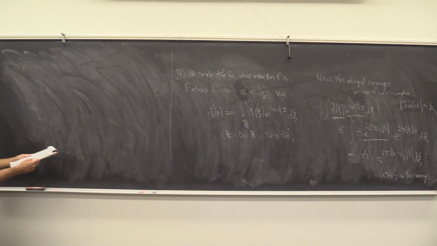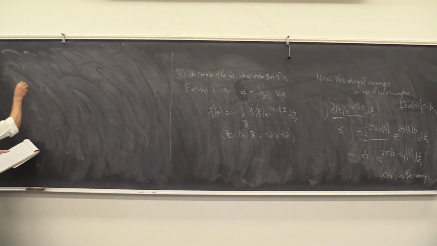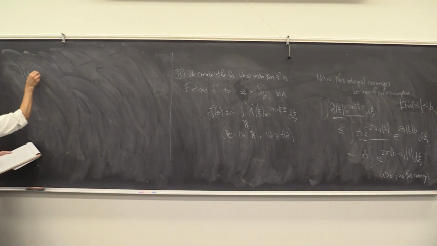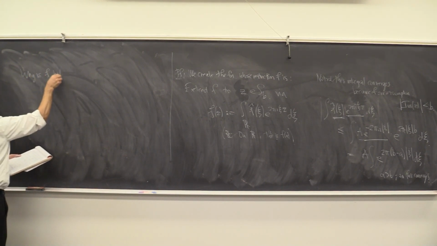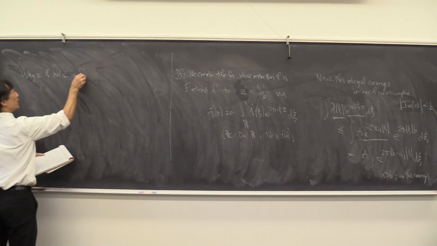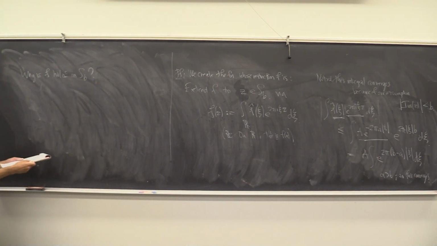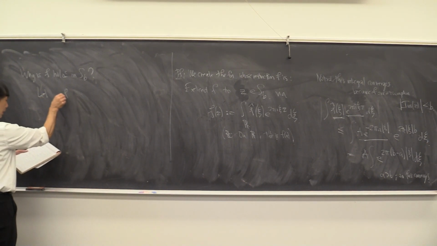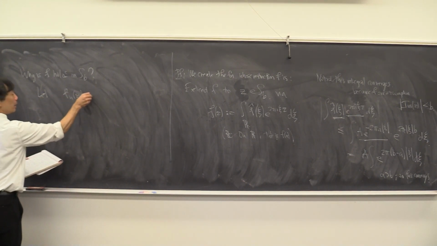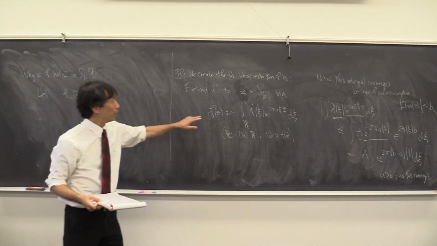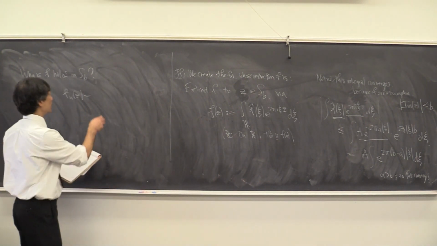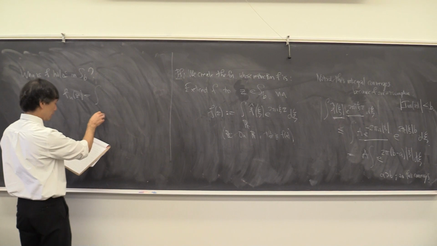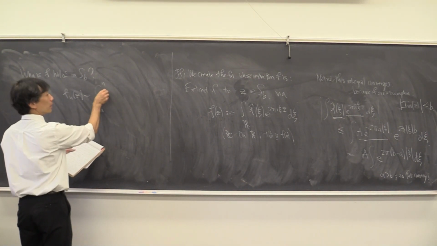Okay, so why is f holomorphic in S sub b? Well, let f sub n be the truncation of this expression. We're going to take that thing and truncate it between negative n and n.